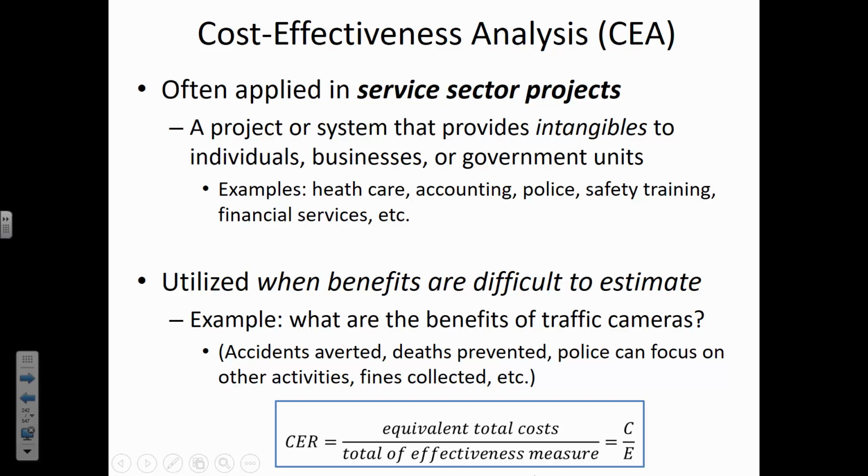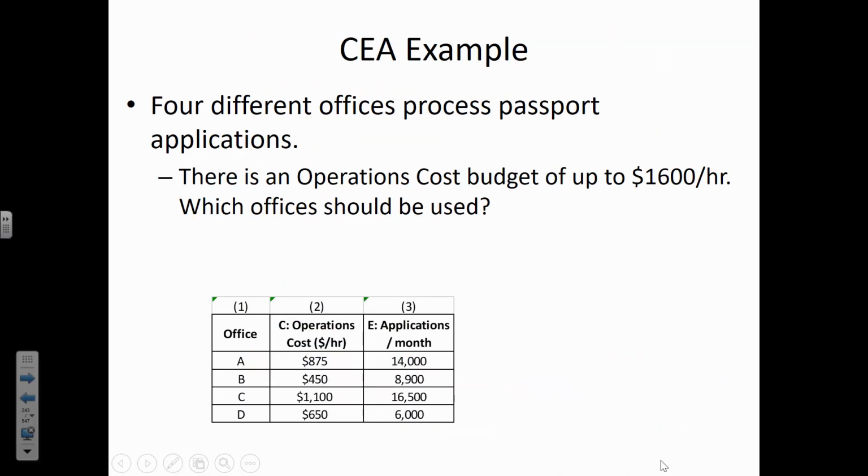And so here's this alternative ratio that we use instead. The costs we do measure in how expensive it is to have a police officer, or the cost associated with delivering health care. The costs are easy to quantify, but instead of benefits, we just have some other measure of effectiveness that's unrelated to value in dollar terms.